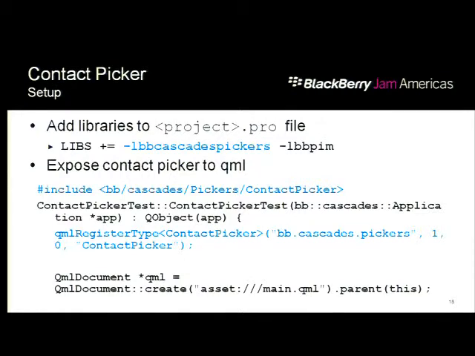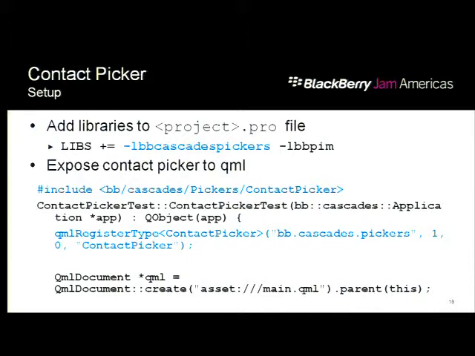When you're editing your QML file, you first have to expose it to QML. Somewhere up in the main class, say we have an app called contact picker test, this is just the default constructor that gets built for you. You include the bb cascades picker contact picker class.